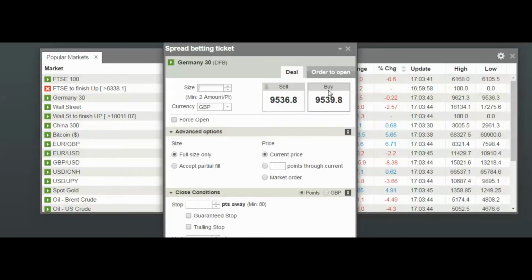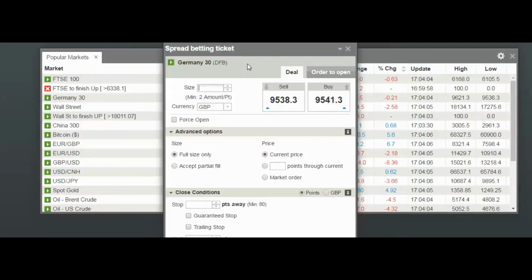So the buy being the offer and the sell being the bid price. Okay, so with spread betting, what we're looking at is each point movement.